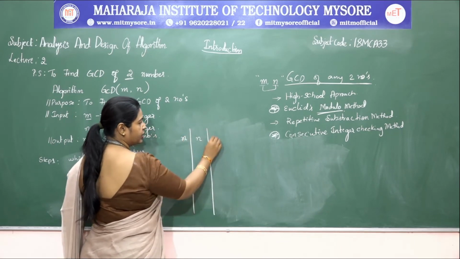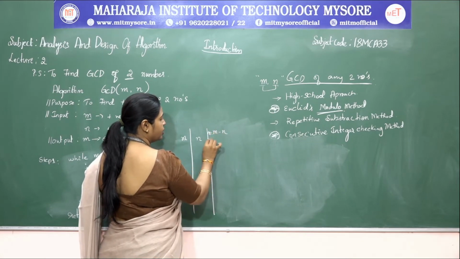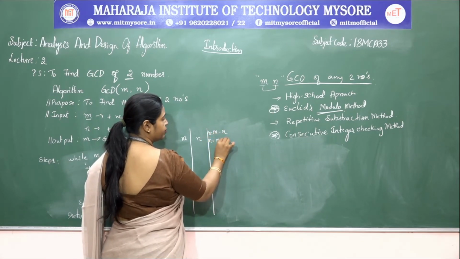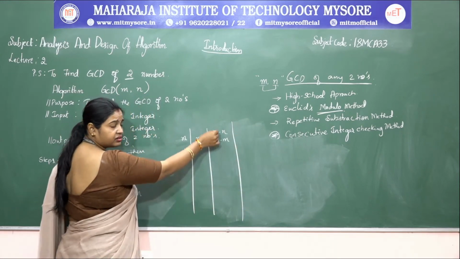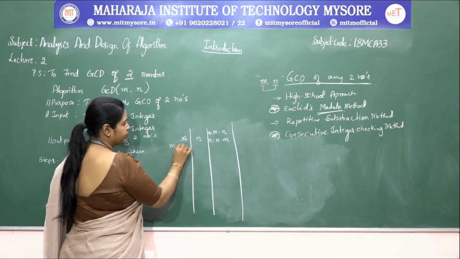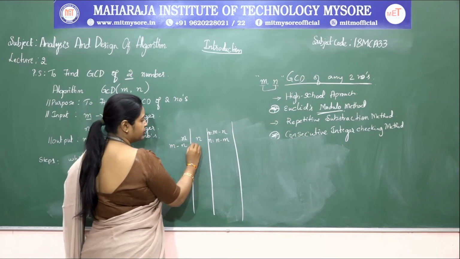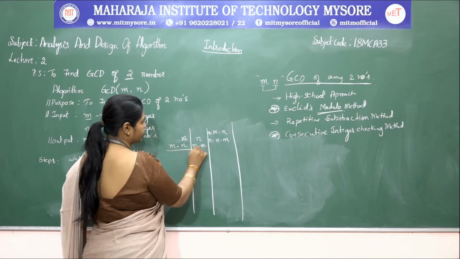Here we perform either m minus n or n equals n minus m, so instead of writing in a separate column, I would like to write m = m minus n and n = n minus m here. This is how we need to calculate.